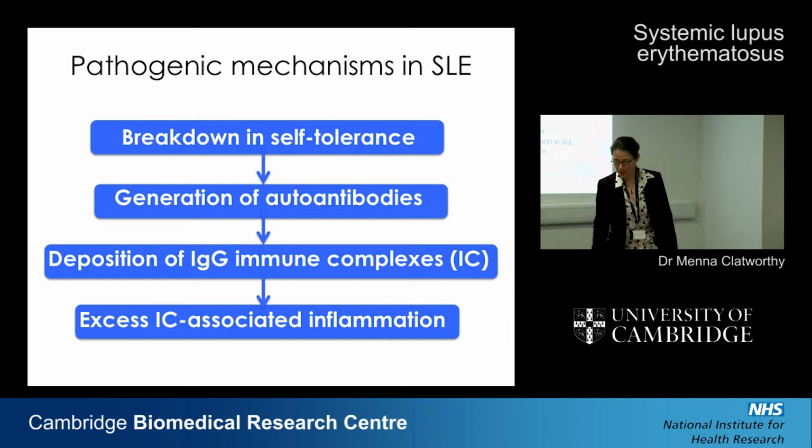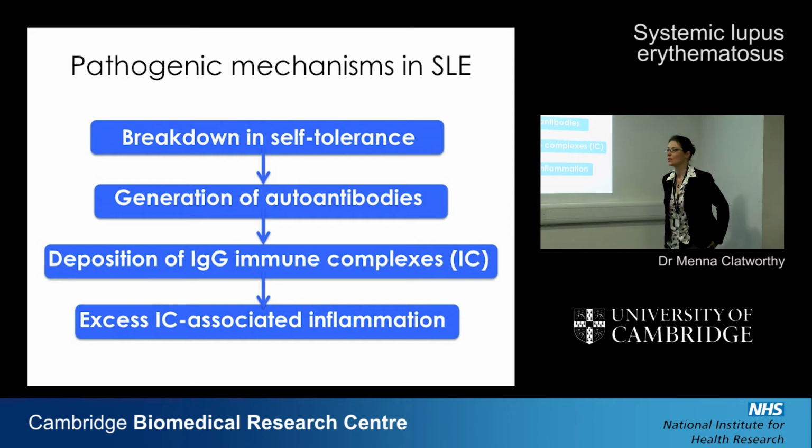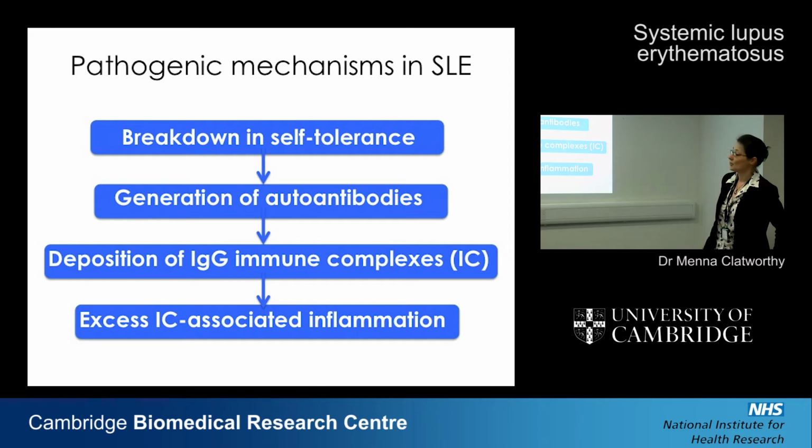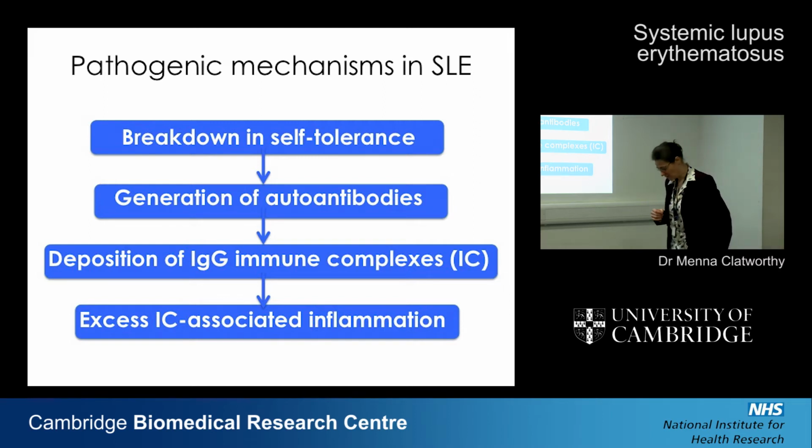So if I was to summarize the pathogenesis of lupus, and this is obviously something that I've thought about a lot, I would break it down into 4 basic stages for simplicity. Okay, so the first one is that there must be a breakdown in immune tolerance to self.